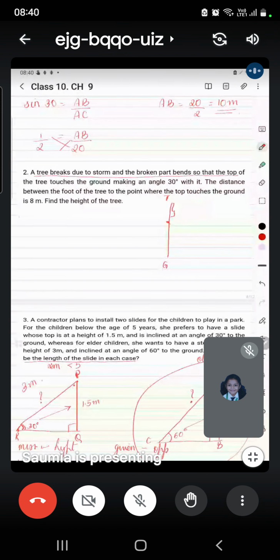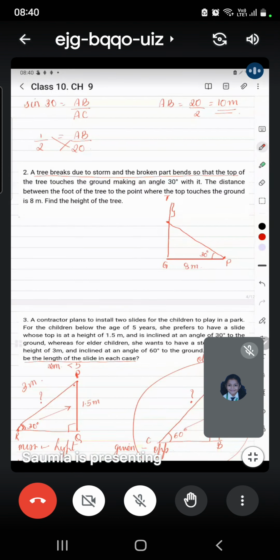This portion fell down to the ground. Now, when it fell down to the ground, it hit the ground at this point. Now, the distance between this point and the foot of the tree is given as 8 meters. And this angle is given as 30 degrees. We have to find out the height of the tree.